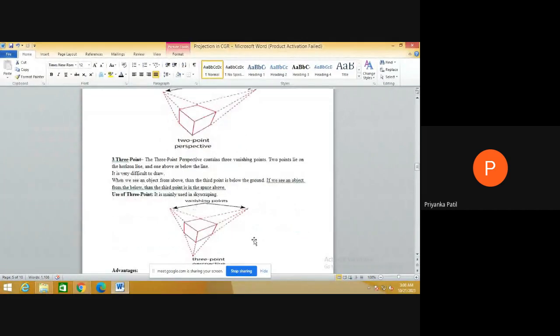If we see the object from above, then the third point is below the ground. If we see the object from below, then the third point is above. That means we consider three vanishing points, two of which lie on one horizon line, and one is either below or above that line. So this is the appearance of the 3 point perspective projection.